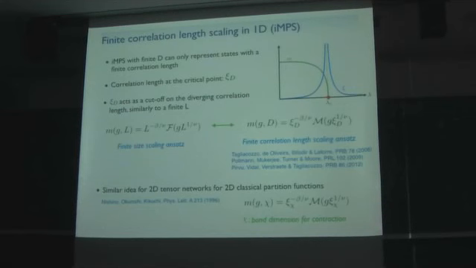As you know, you can represent a 2D classical partition function as a 2D tensor network, and then you can compute thermodynamic quantities by contracting it. And the accuracy here will depend on the contraction dimension, the chi, which then also induces a finite correlation length at the critical point. And this ansatz has already been used in that context.